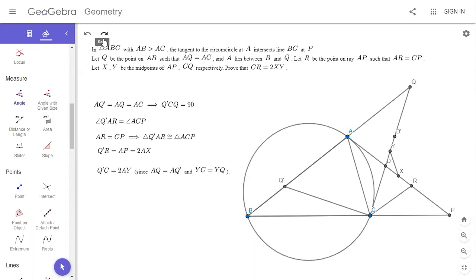So I'm guessing you're saying those are similar triangles, BQ prime C and AYX.